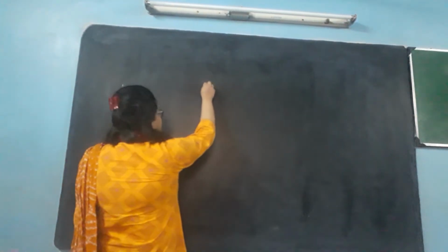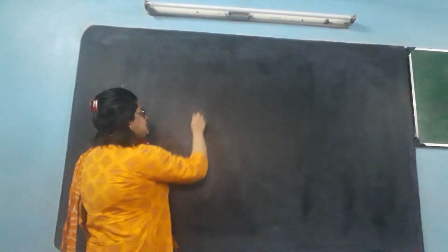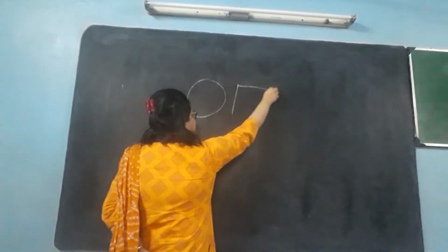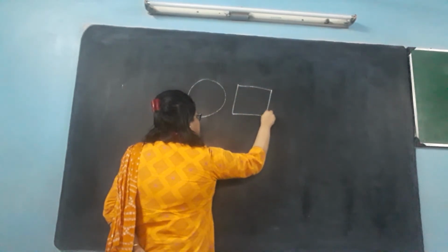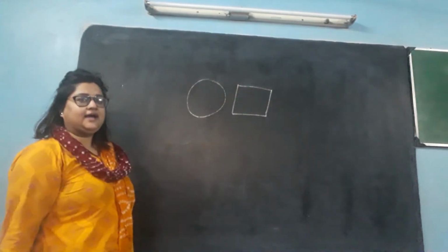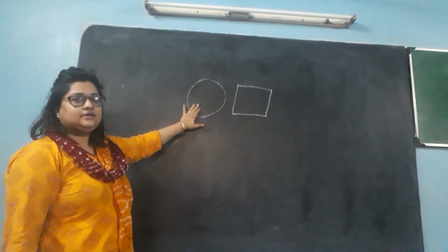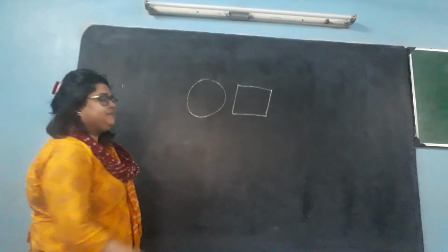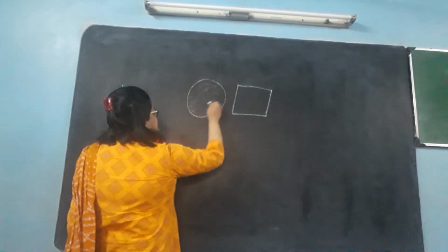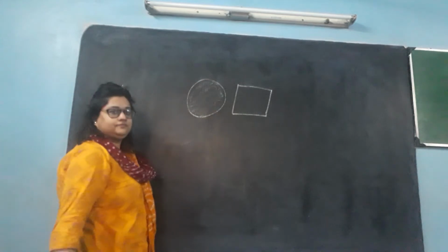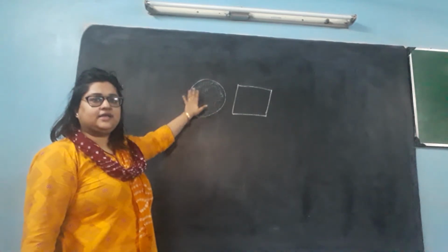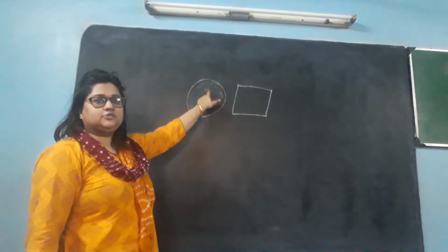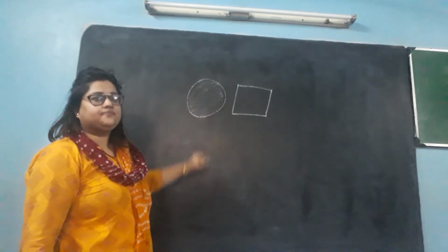Suppose when we draw any geometrical figure on the board, say a circle, or if I draw a square, what you can see is that inside the geometrical figure there is a space. So inside the circle there is a space and the geometrical figure is bounding this entire space.